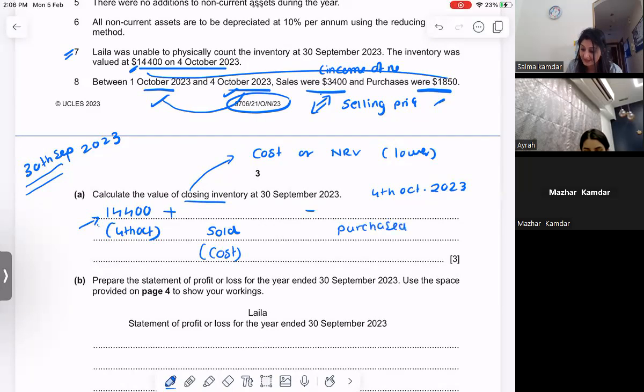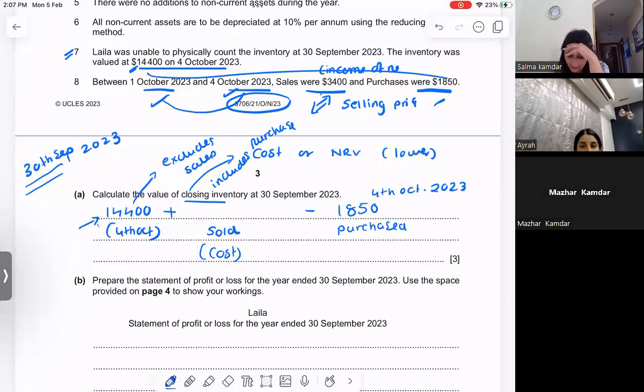Think properly, digest, and then tell me. Yes, Miss, I got it. This 14,400 excludes sales and it includes purchases of the next year. So I will remove the purchases of next year and I will add back what I sold.